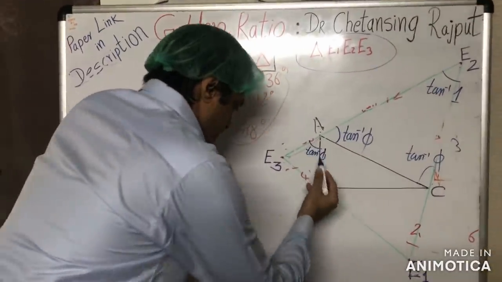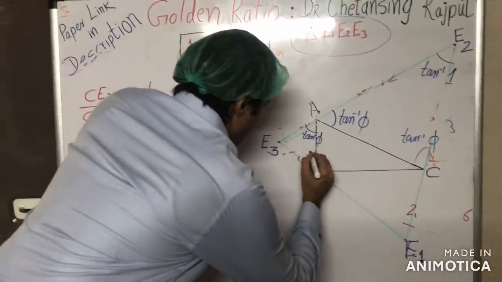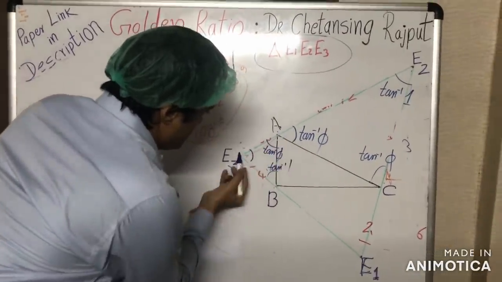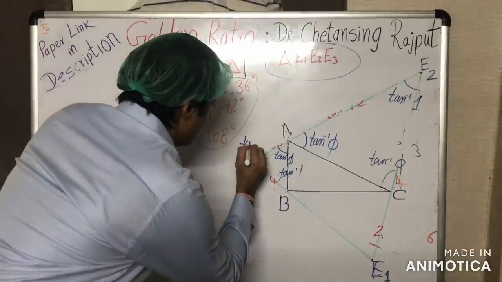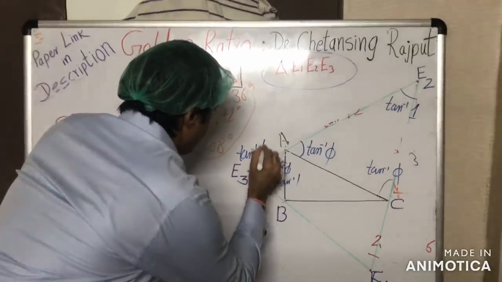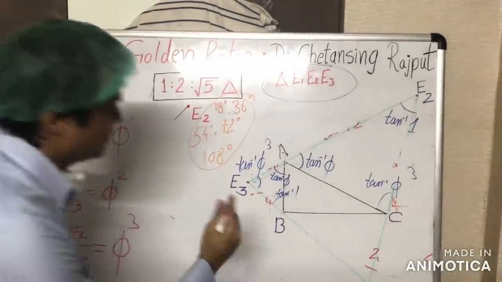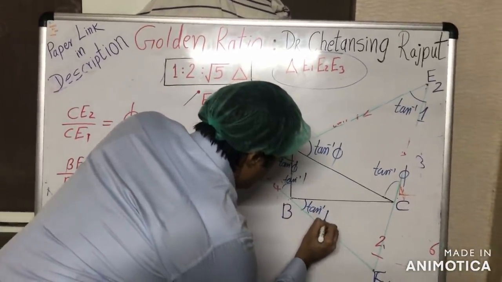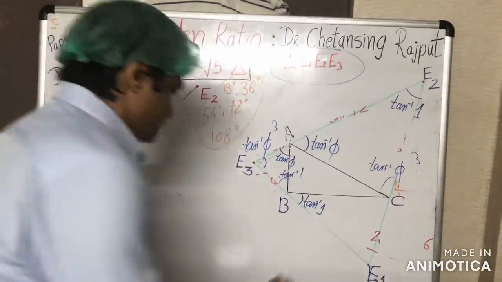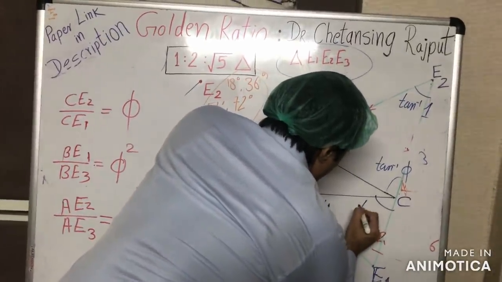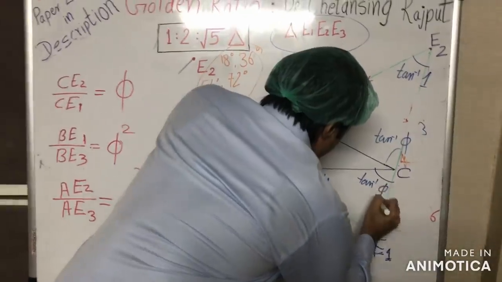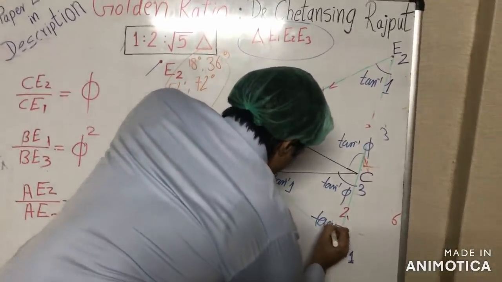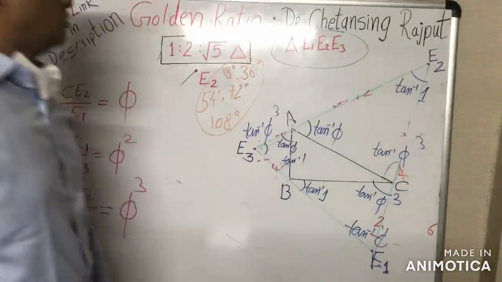This angle here again is 45 degrees, or arctangent of 1, and this angle AE3B is arctangent of phi cubed. Similarly, this is 45 degrees, arctangent of 1. This angle here is arctangent of phi cubed, and this angle here is arctangent of the golden ratio.